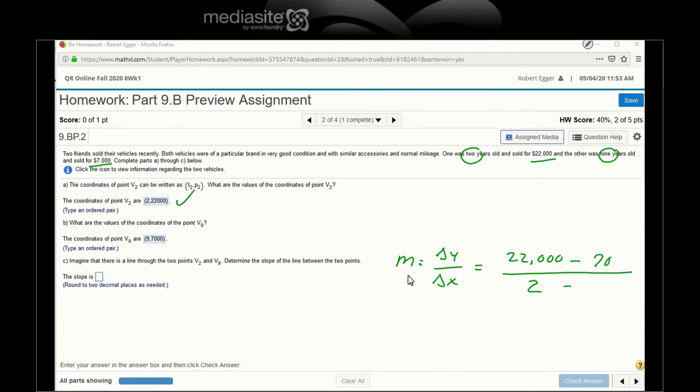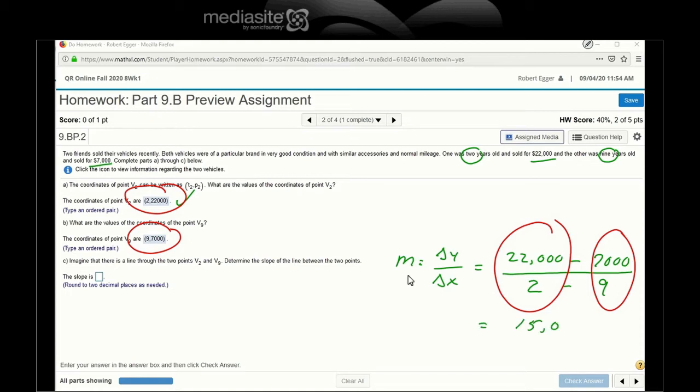Then we have 7,000, and his x value was 9. So 15,000 over minus 7, as I do the subtraction.